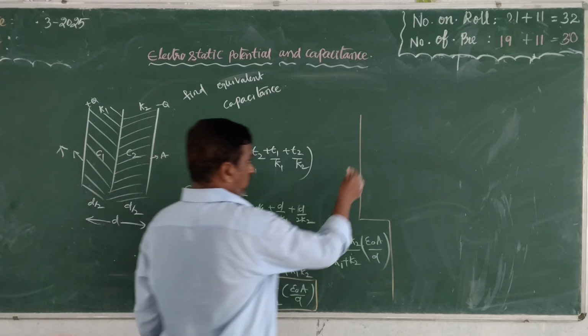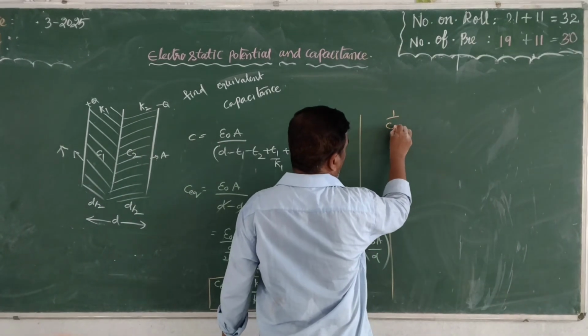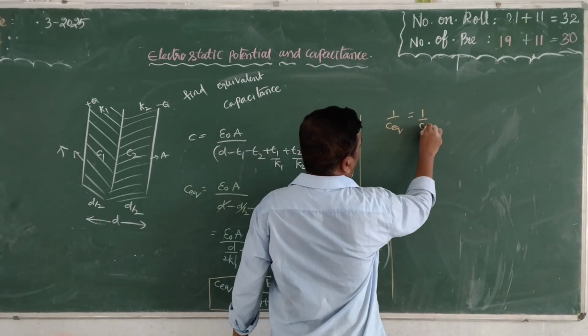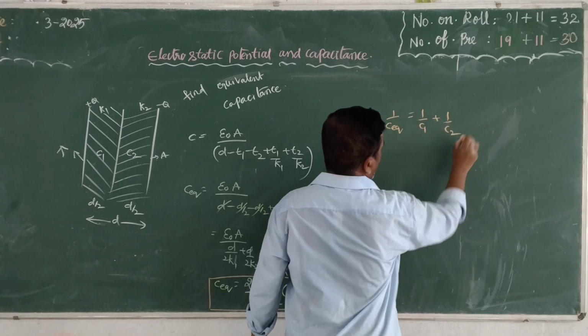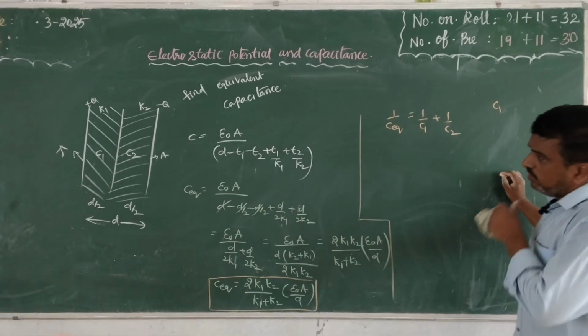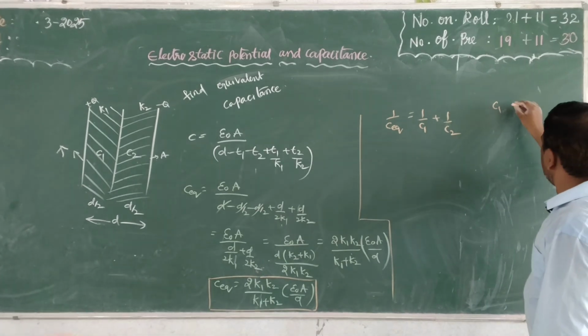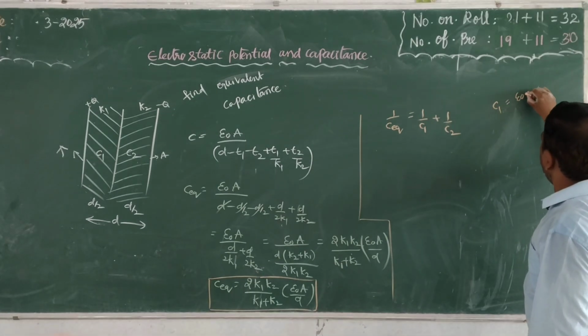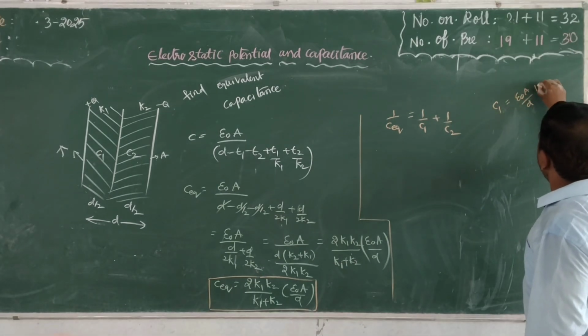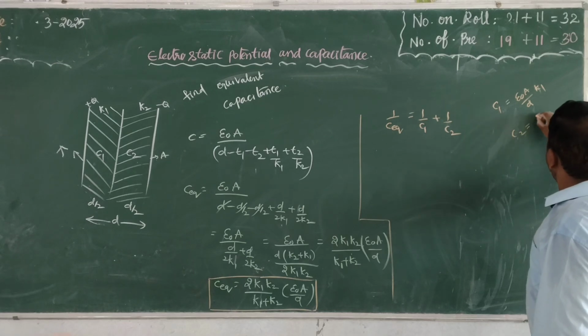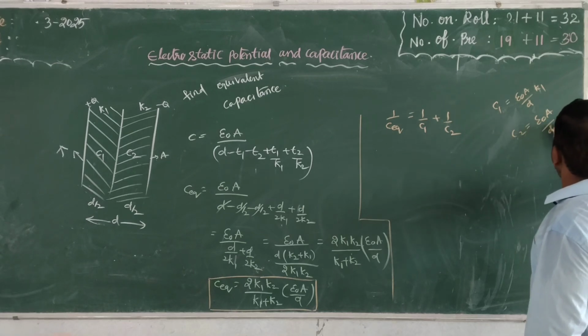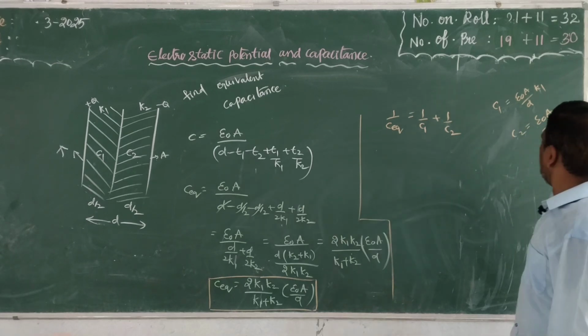In that case 1 by C equivalent equals 1 by C1 plus 1 by C2. C1 means the capacitance when the dielectric is placed, the capacitance increases. The capacitance of the first one is epsilon naught A by D into K1. So C2 is epsilon naught A by D into K2.